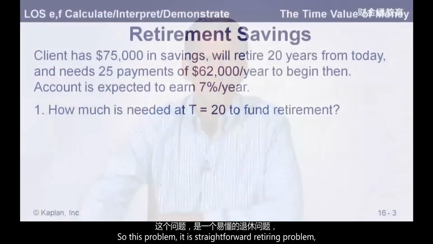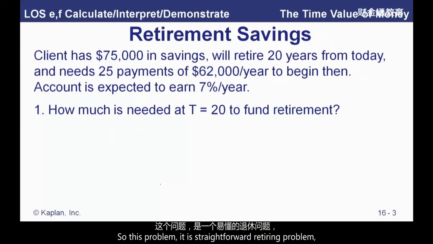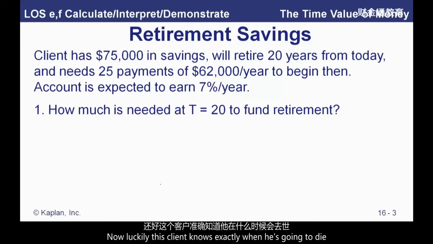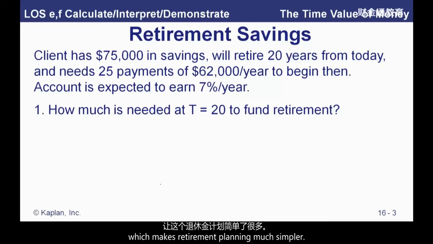So this problem, and it's a straightforward retirement problem: our client has $750,000 in savings and will retire 20 years from today. At that time, he needs 25 payments of $62,000 a year to begin. Now, luckily, this client knows exactly when he's going to die, which makes retirement planning much simpler.